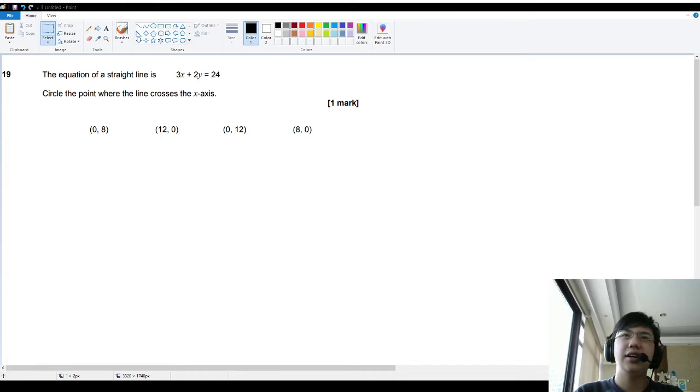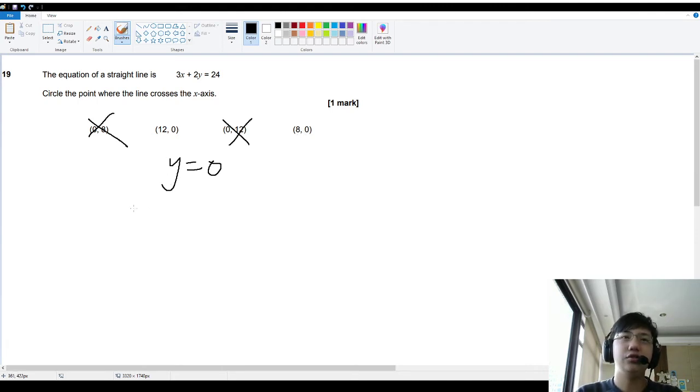When a point crosses the x-axis, or a line in general, the value of y is 0. So we can first of all eliminate those with non-zero values of y, so not this or not this either, giving us two options, 12, 0 or 8, 0 for our coordinates.